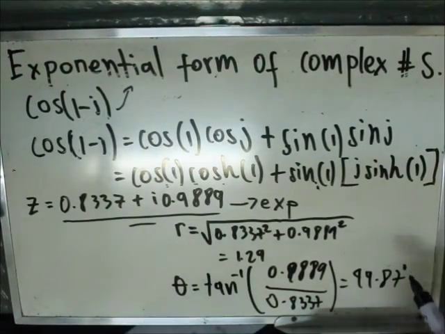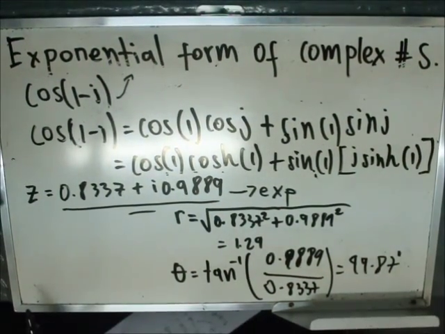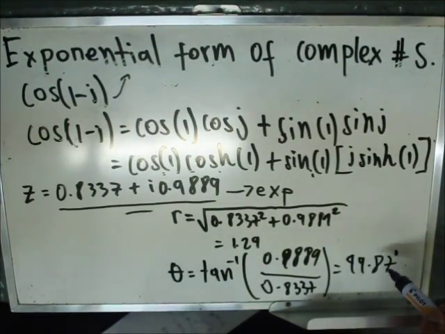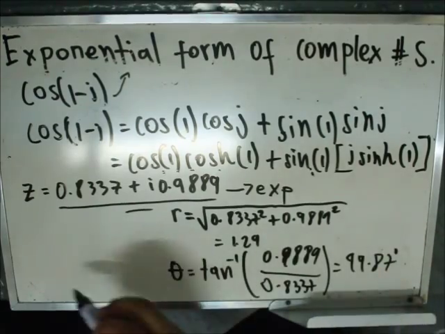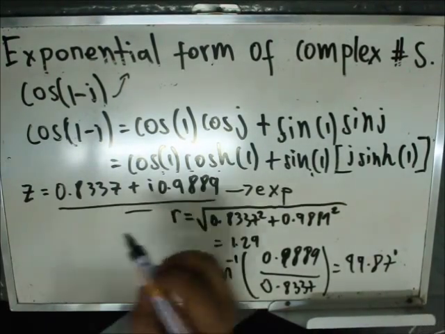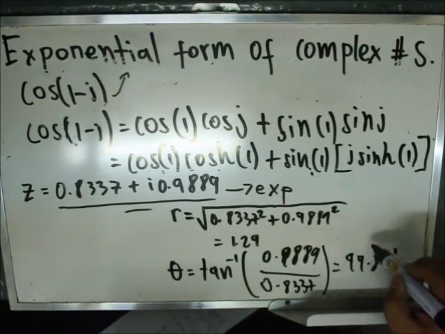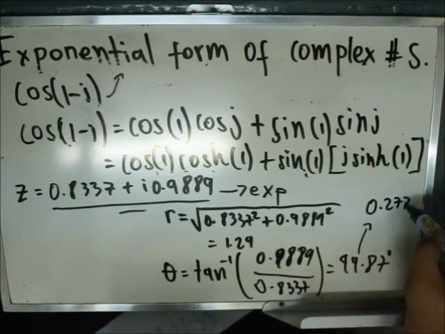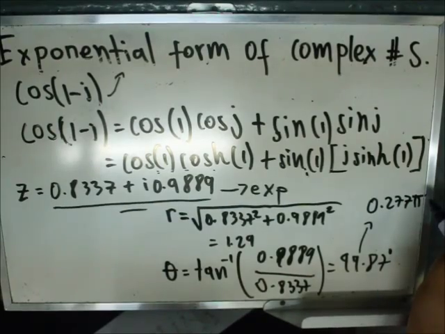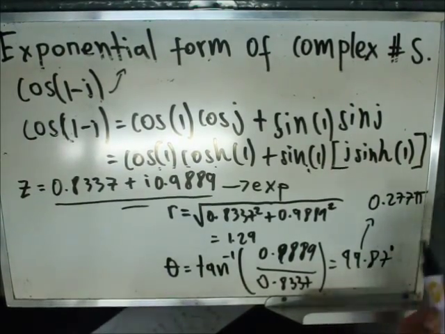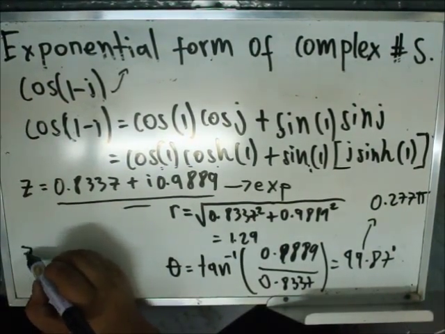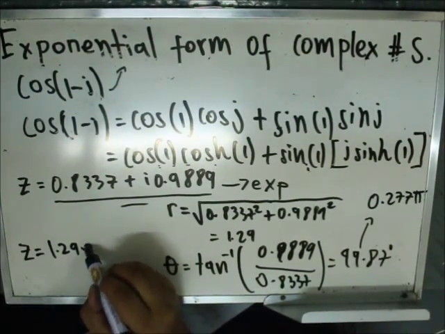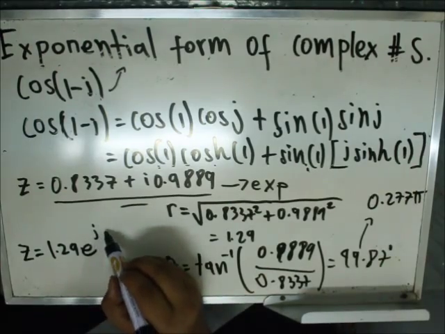So after getting theta, 49.87, convert it into radian form. And we can get 0.277 pi. So the exponential form of cos of 1 minus j is z equals 1.29 e raised to j 0.277 pi.